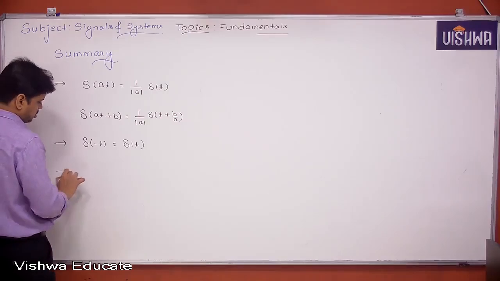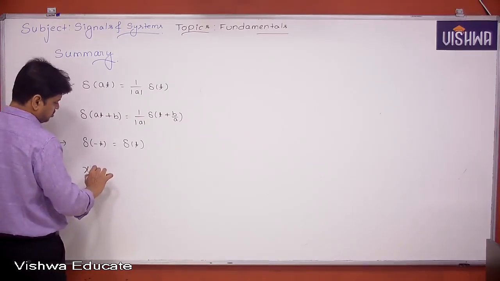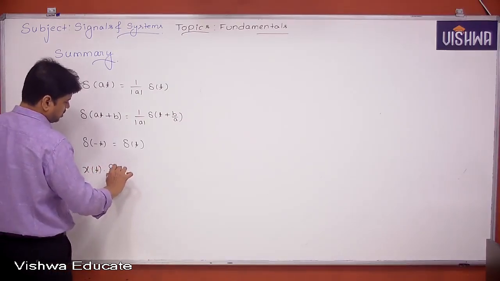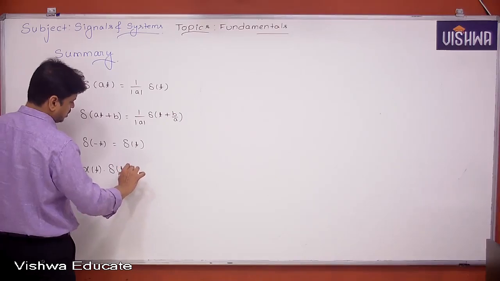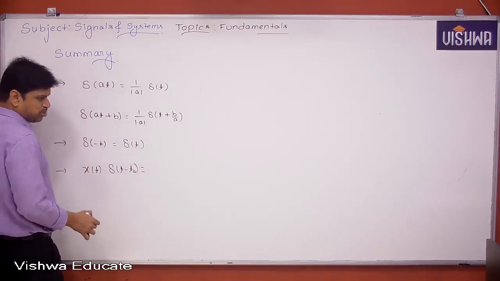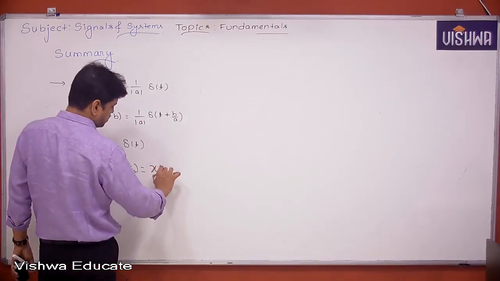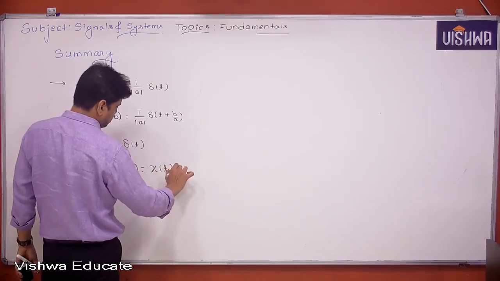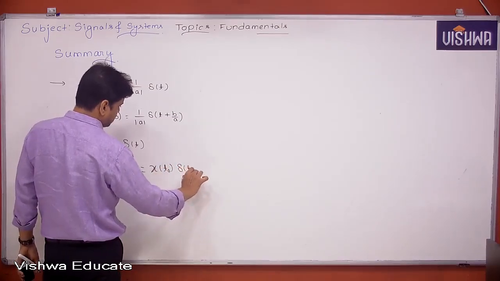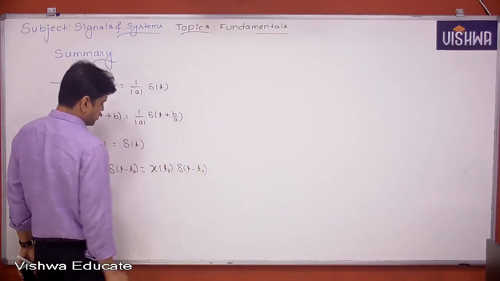Next, x of t into delta t minus t naught. Then we have to replace t with t naught: x of t naught delta t minus t naught.